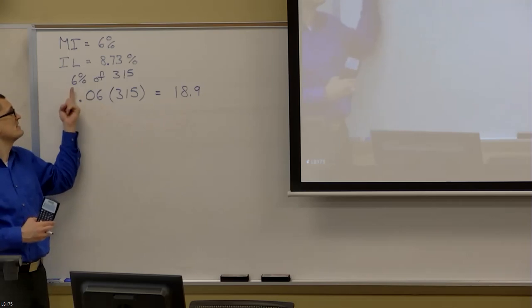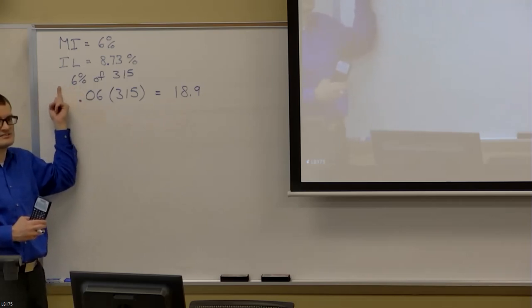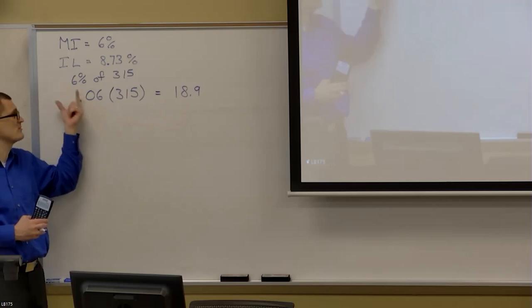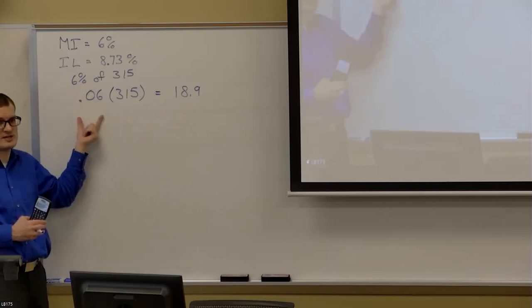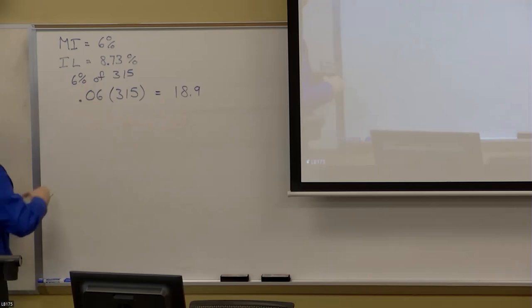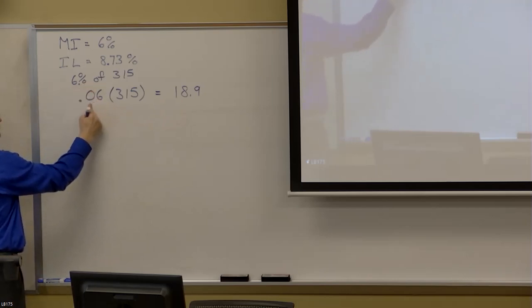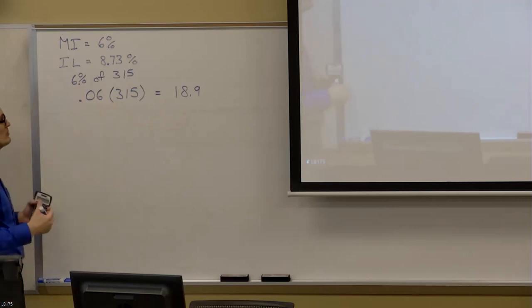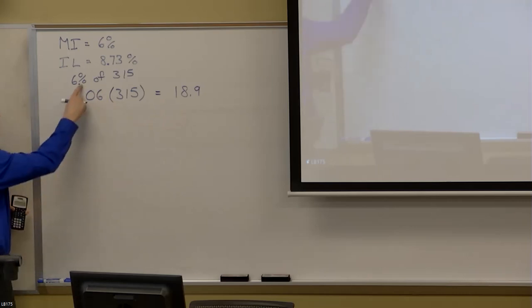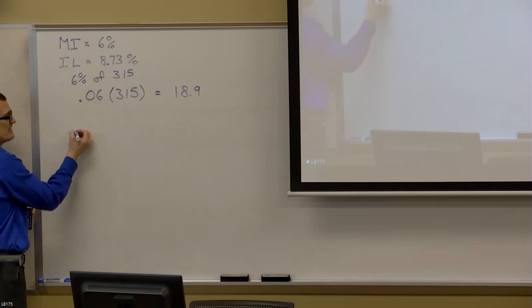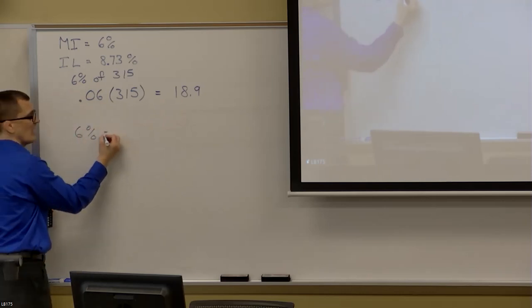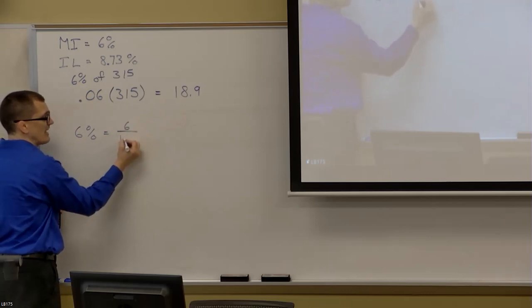Now, the reason I moved the decimal over 2 spots, that's how we convert things from percentage to a decimal, right? We take the decimal, which was right here, and I moved it over 2 spots. The reason is that when I say 6%, I'm actually saying 6 out of 100.